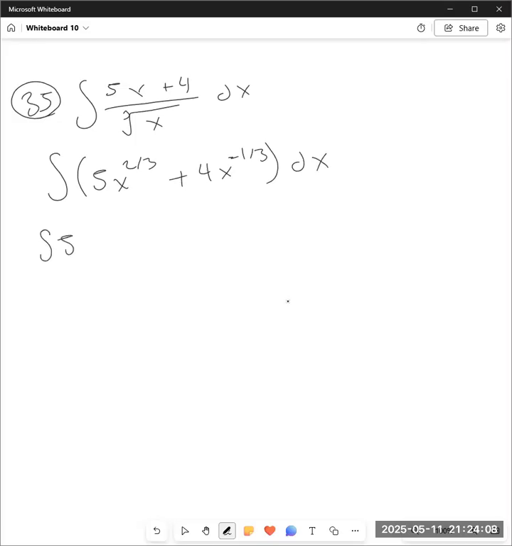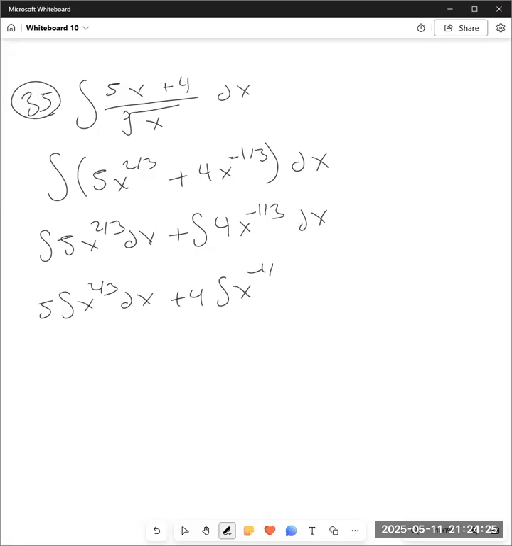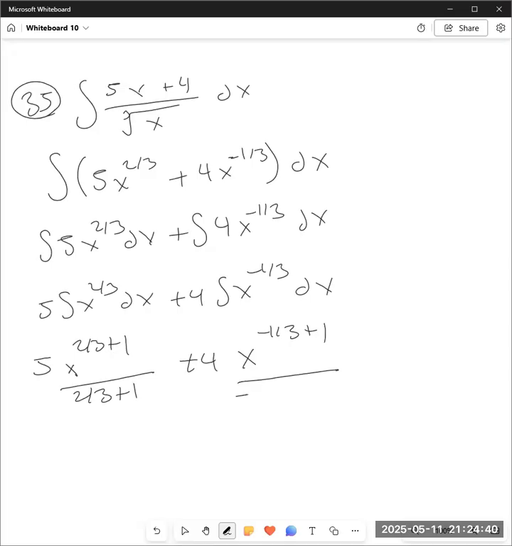So it's going to be 5x to the 2/3 dx plus the integral of 4x to the -1/3 dx, which will be 5 times the integral of x to the 2/3 dx plus 4 times the integral of x to the -1/3 dx. So that's 5x to the 2/3 plus 1 over 2/3 plus 1, plus 4x to the -1/3 plus 1 over -1/3 plus 1, plus c.